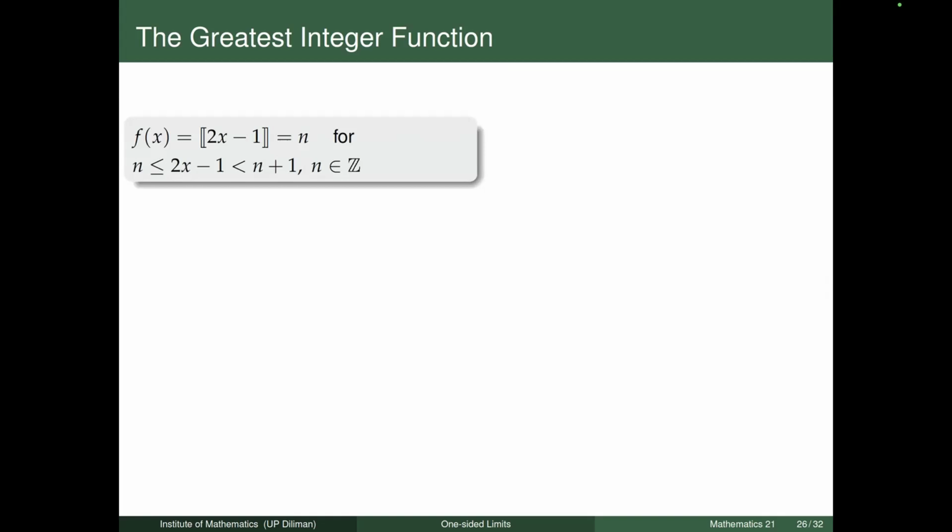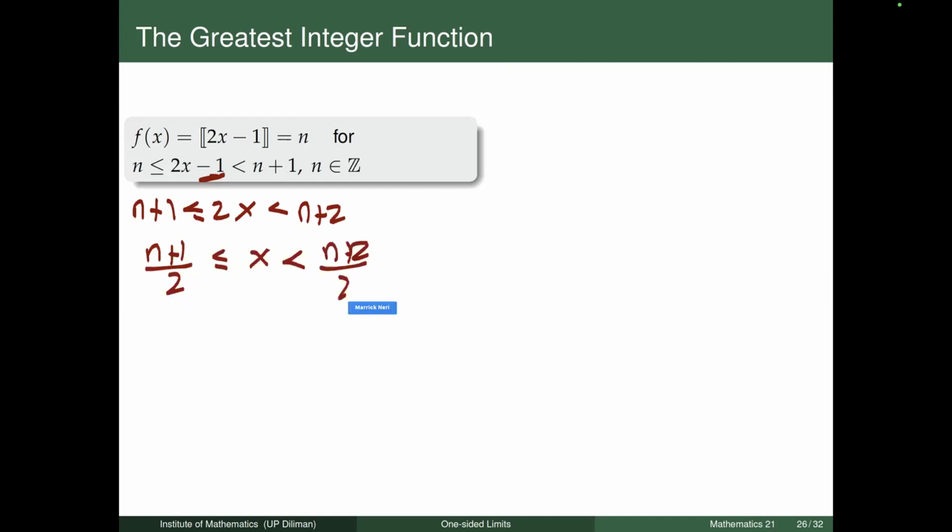So magiging, pag tinuloy natin, add 1 both sides, n plus 2 ito. So nilipat ko yung minus 1 both sides. I added 1 everywhere. And then I divide by 2, I get n plus 1 over 2 less than x less than n plus 2 over 2.